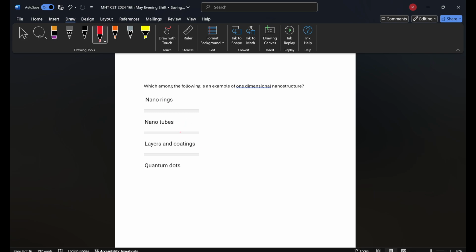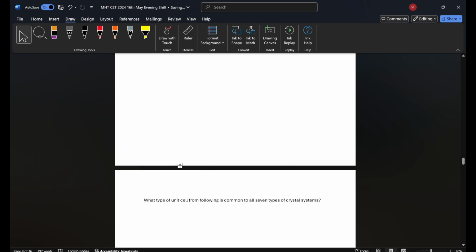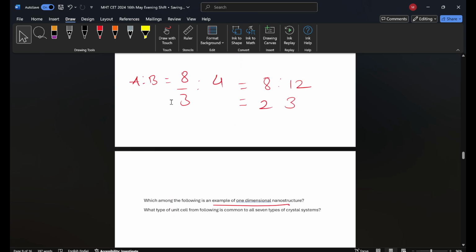Nanorings, nanotubes, layers and coating, quantum dots. I think quantum dots, but I'm not sure. Do let me know in the comments if you know the right answer, and please search for this. Such questions are really a headache because there is no answer and we get frustrated.